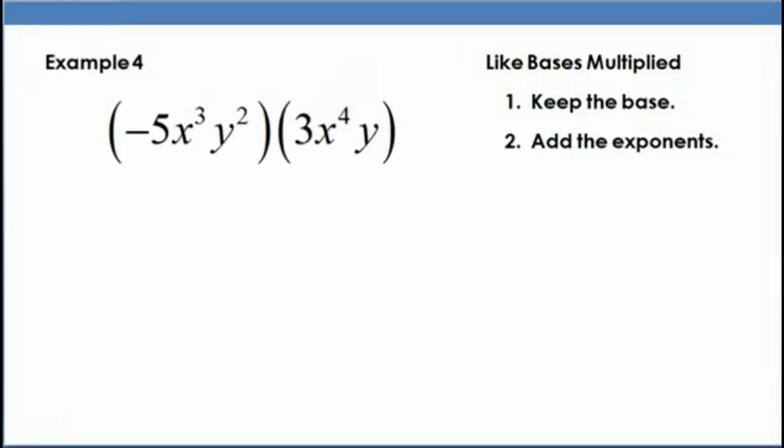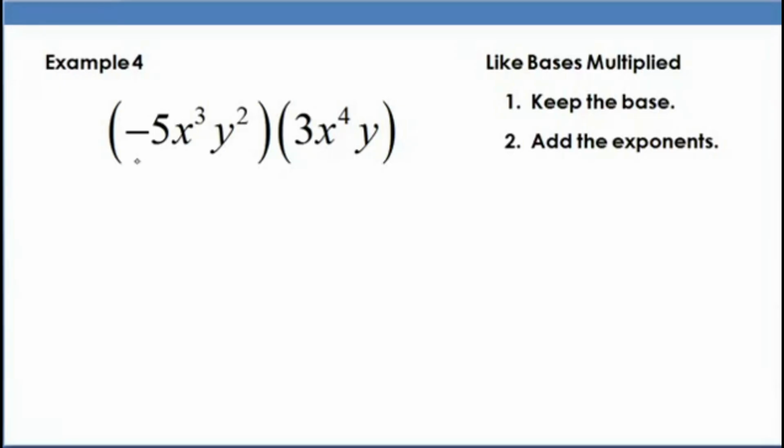Let's look at one more example. This problem looks quite a bit longer. What we want to notice is that it is multiplication between the parentheses, and it is all multiplication on the inside of the parentheses. So we can use the associative law of multiplication to rearrange it. If you only have multiplication, your order doesn't matter.